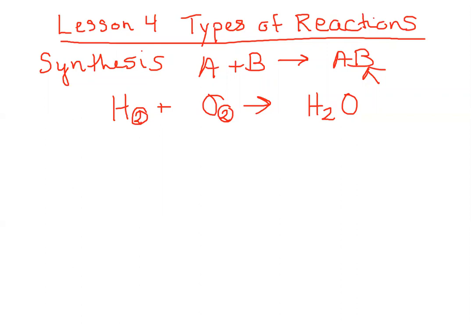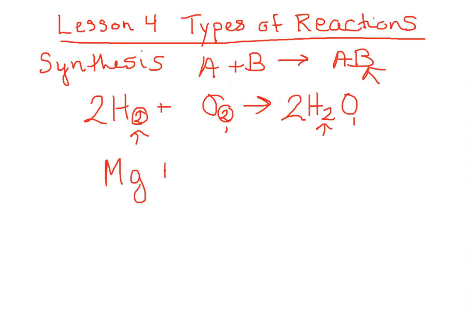So it has to be an H2 plus an O2 equals H2O. And now we need to balance this equation. We've got 2 hydrogen over here, but only 1 oxygen here and we have 2 here. So we're going to have to put a 2 right here, which means now we have 4 hydrogen, so we're going to have to put a 2 over here. That is a balanced equation right there.